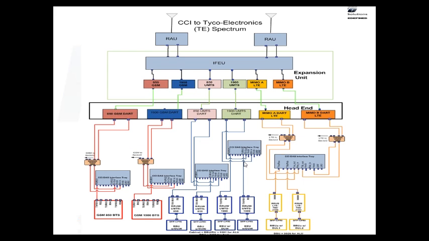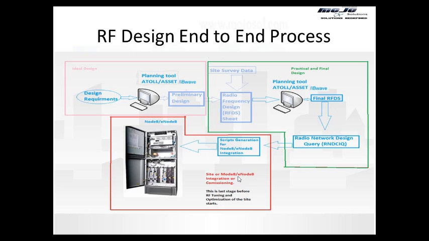This is Corning. Why am I saying Corning or CommScope? Why am I not saying Ericsson or Nokia? Because remember, the DAS manufacturer and the cellular network manufacturer for standard equipment are different.